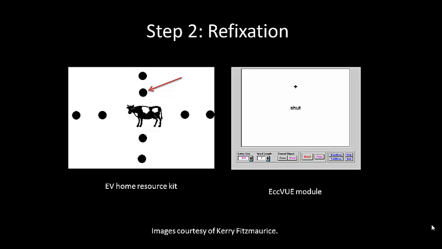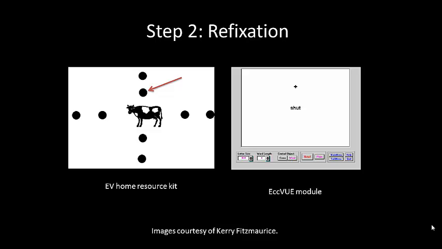So for example, on the left side we've got a picture of the cow, which is in the very center, and above and below, to the left and to the right of that cow, we have some dots. The uppermost dot, which the red arrow is pointing to, is 5 degrees from fixation. So if the patient's trained retinal locus is 5 degrees inferiorly, we ask them to look up at that dot there that the arrow is pointing to.